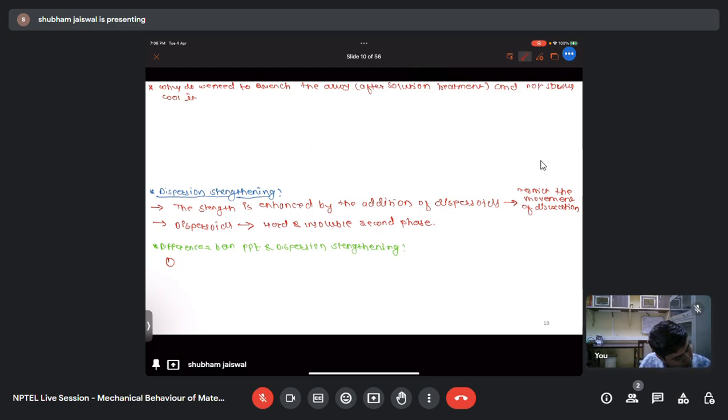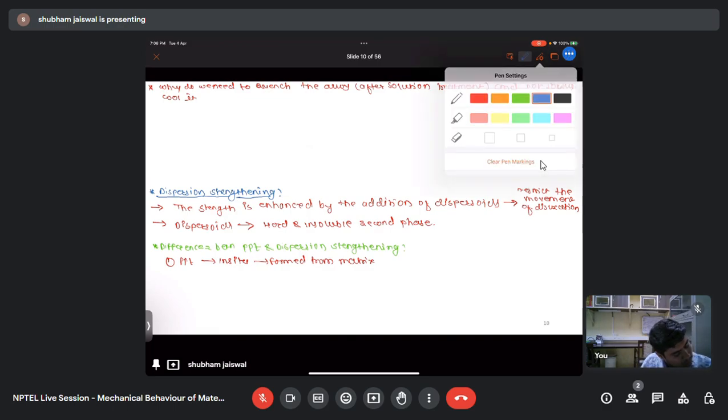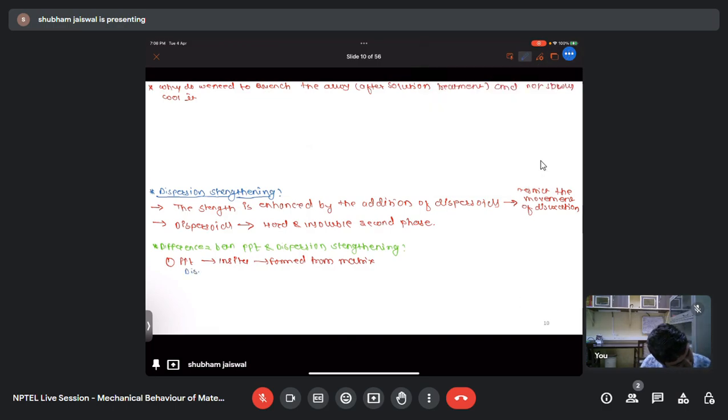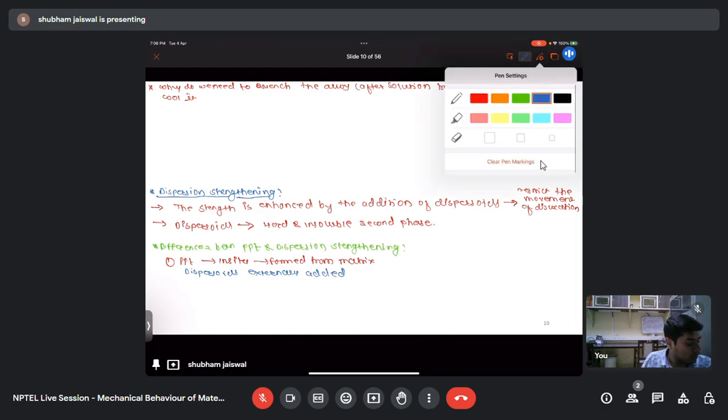So, precipitates are in situ, formed from matrix. Okay, and the dispersoids are externally added. This is one difference.